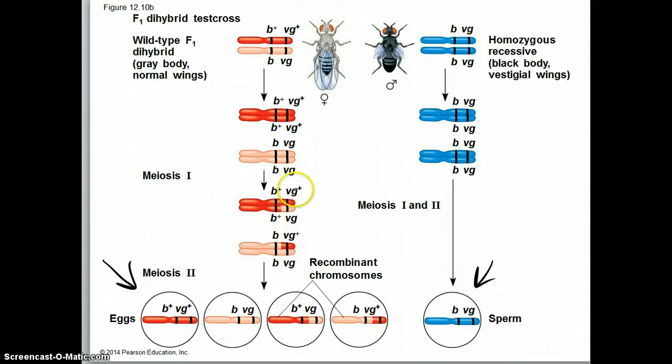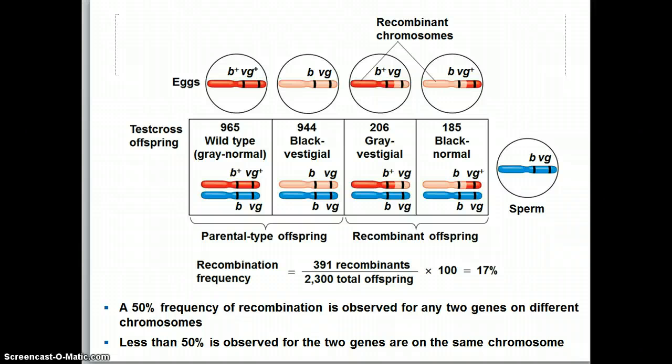Note that because these 2 genes actually do occur on the same chromosome, you are going to see all 4 phenotypes just like you would see normally, but we're going to see it being expressed a little bit differently in the offspring. You're going to see a different ratio. You are not going to see that 1 to 1.